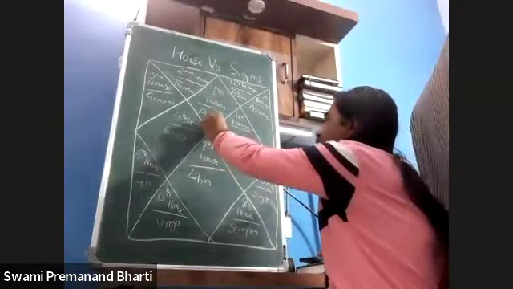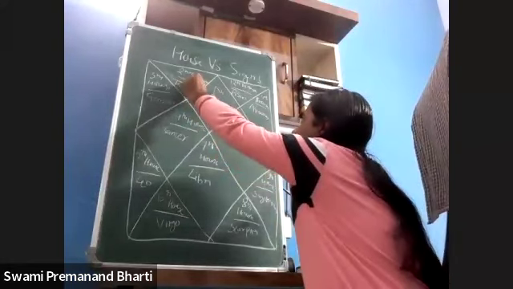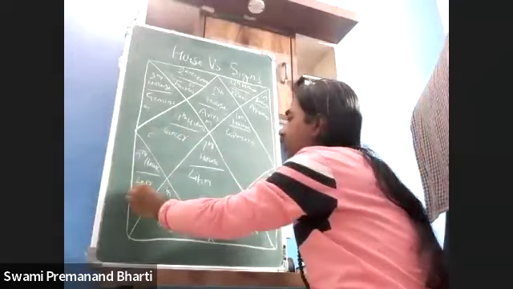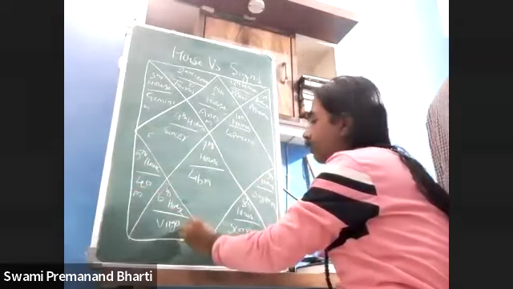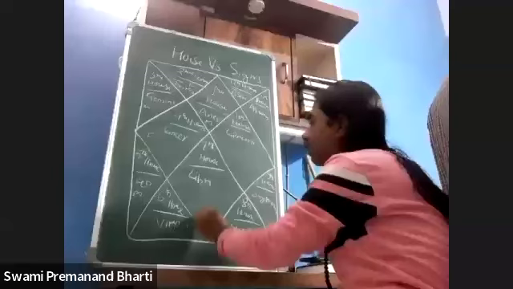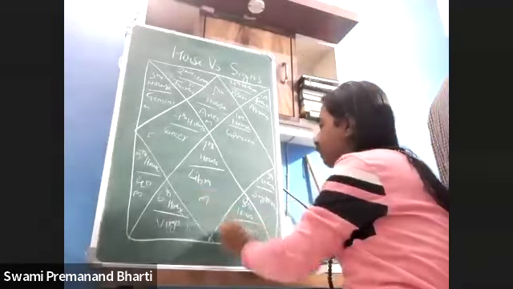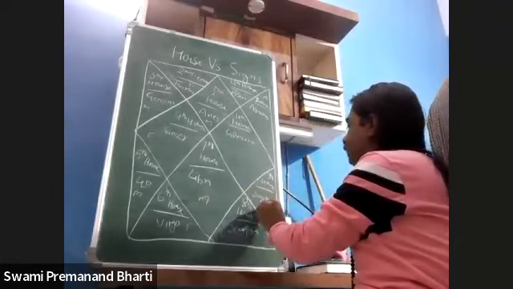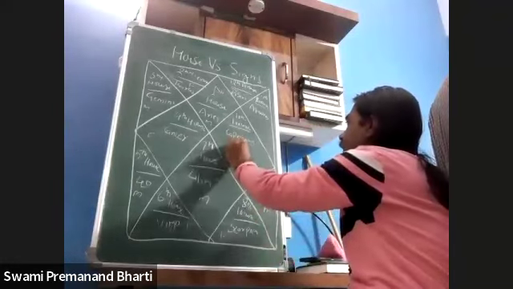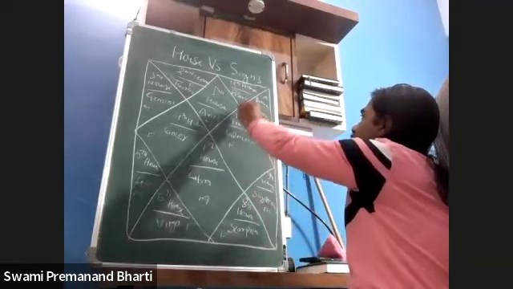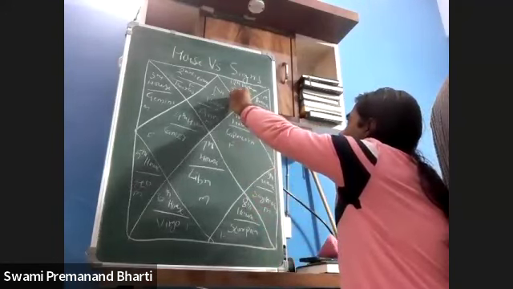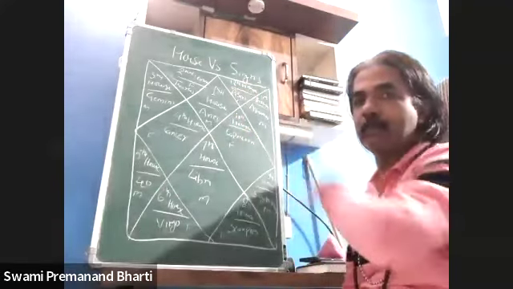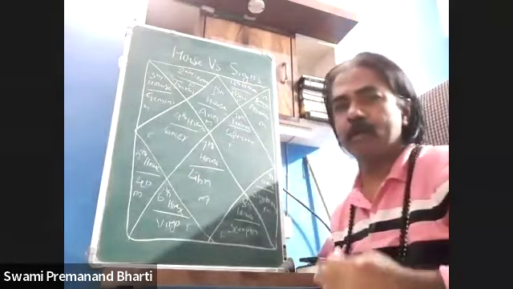The first sign Aries is masculine, then Taurus is feminine, Gemini is masculine, Cancer is feminine, Leo is masculine, Virgo is feminine, Libra is masculine, Scorpio is feminine, Sagittarius is masculine, Capricorn is feminine, Aquarius is masculine, Pisces is feminine. It is as simple as this: masculine, feminine, in alternate order.